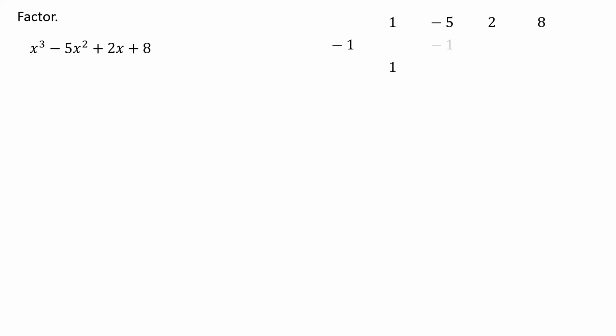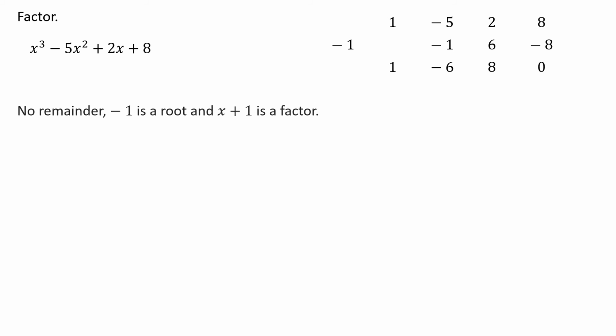If I tried negative 1 and I go through this, surprise, no remainder, so it works out. So x plus 1 is a factor, and then the rest of it has to be with the x squared minus 6x plus 8. And of course, if I factor that, I end up with x plus 1, x minus 2, x minus 4. Again, that's the correct answer.